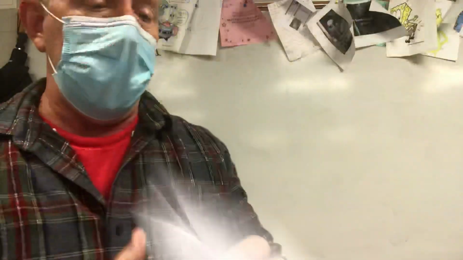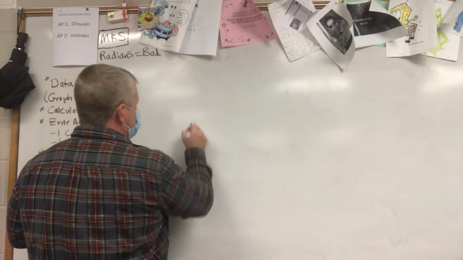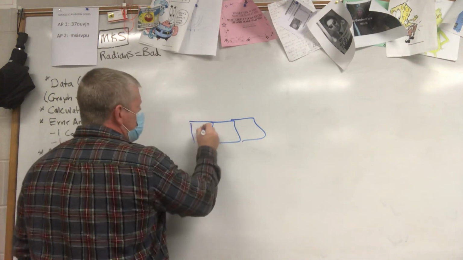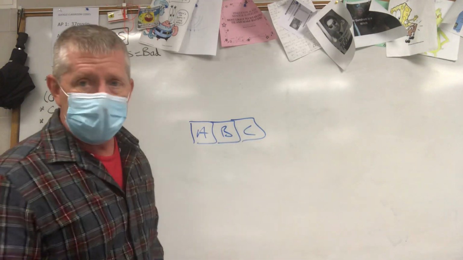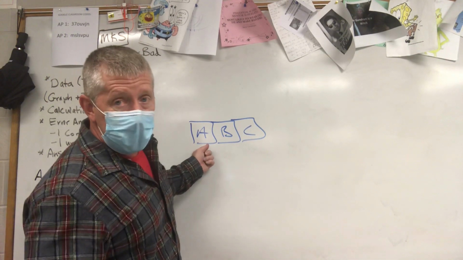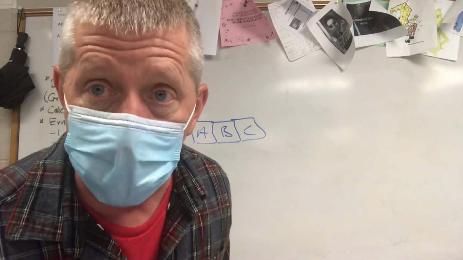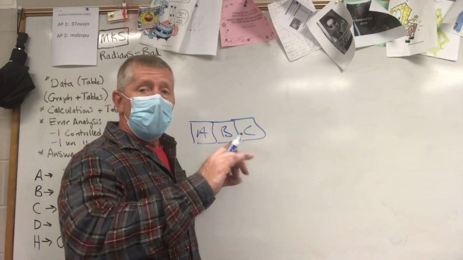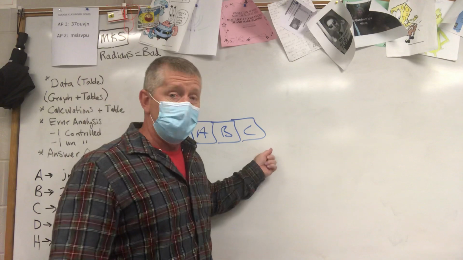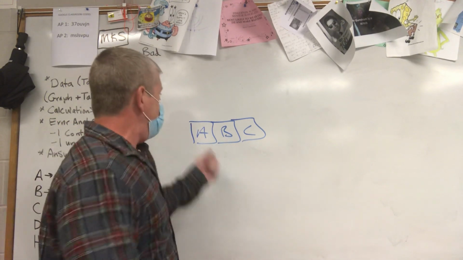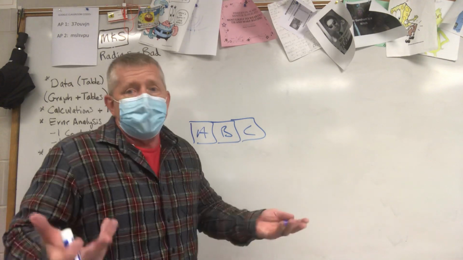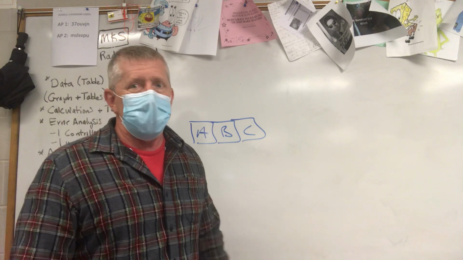There's a zero law. The zero law is a logic law. I'll go through the zero law. It's pretty straightforward. It makes sense, it's logical. Say you've got 3 blocks, A, B, and C. A is in thermal equilibrium, meaning same temperature, as block B. B is in thermal equilibrium, same temperature, as block C. Therefore, A must be in thermal equilibrium with C. It's kind of like the "yeah, makes sense" law.